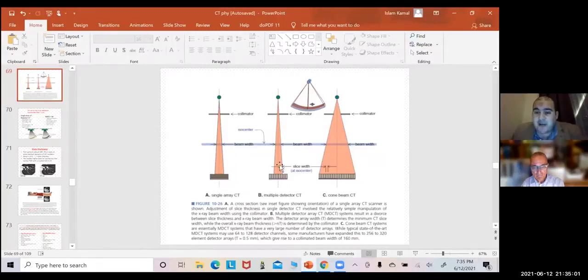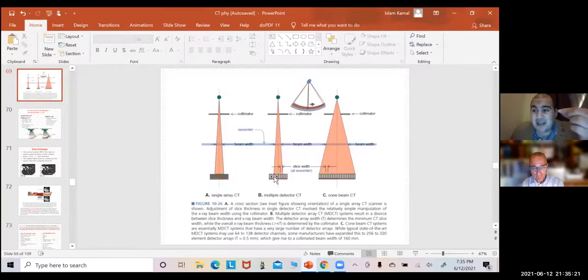But nowadays, we are using the multi-detector or multiple rows of detector. Here, you will find the beam width is not a determinant for the slice thickness. Slice thickness is determined by the detector width itself, while the beam width tells you how many detectors I use.